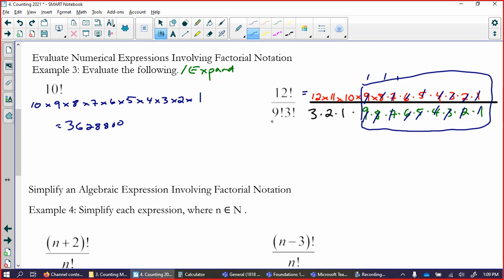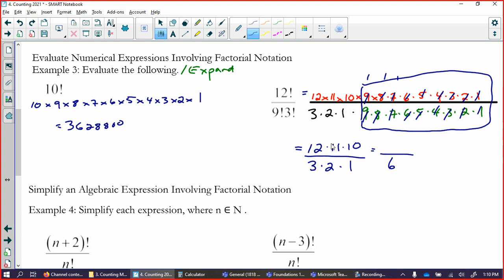So 12 factorial divided by 9 factorial times 3 factorial is equivalent to 12 times 11 times 10. Those are left over because the 9 factorial cancels, but I can't cancel this 3 and that 3 because math doesn't work that way. So it's 12 times 11 times 10 divided by, because it says evaluate, 3 times 2 times 1, which is 6.